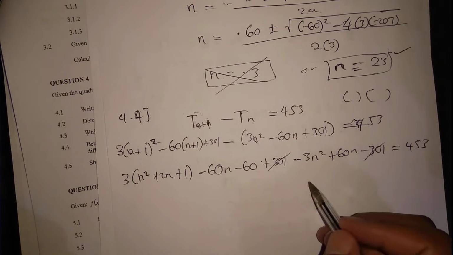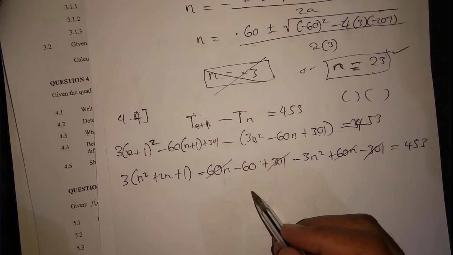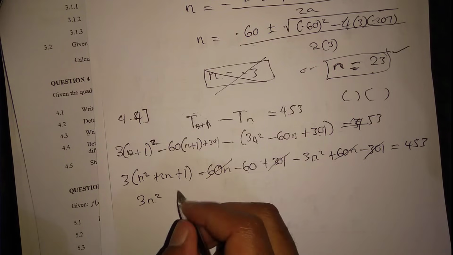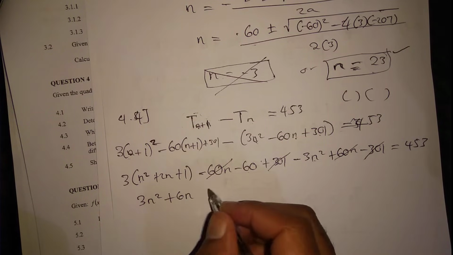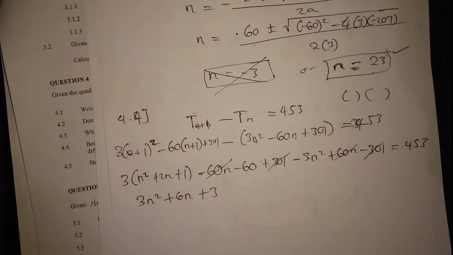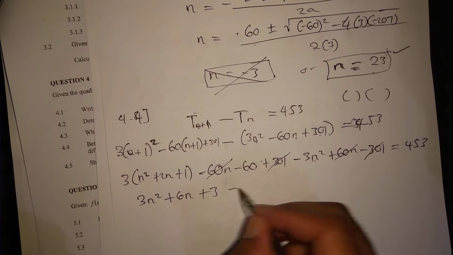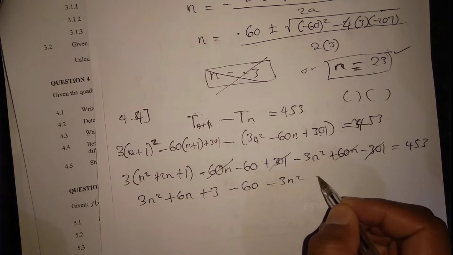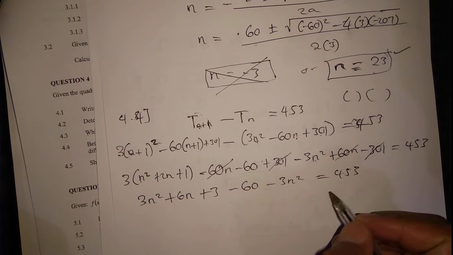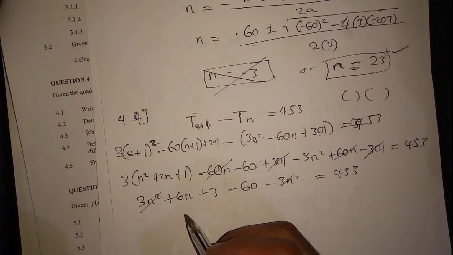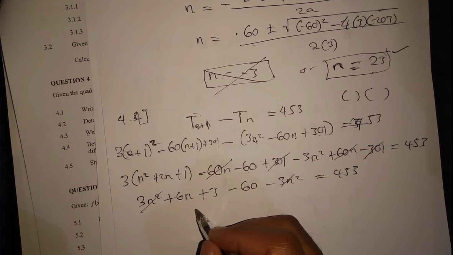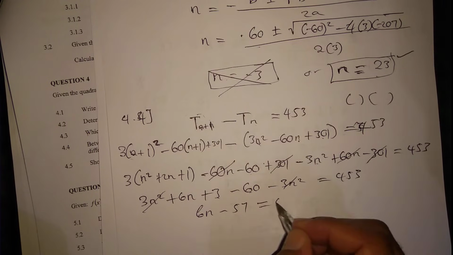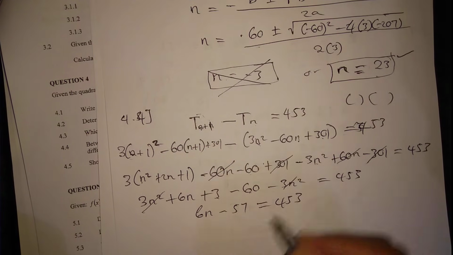Okay, le cancel lena, this one is cancel lena, zosalana le 2 le. Therefore simplify la ngiba 3n squared plus 6n plus 3, and then seleno minus 60 no minus 3n squared equal to 453. Boom, out. And then lana siyuba no 6n minus 57 equal to 453.